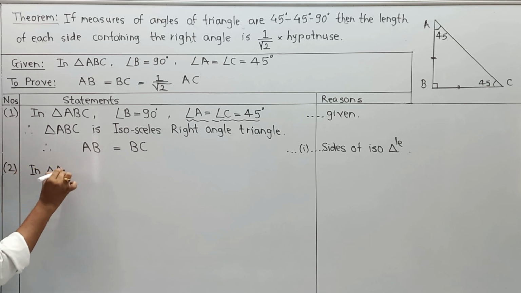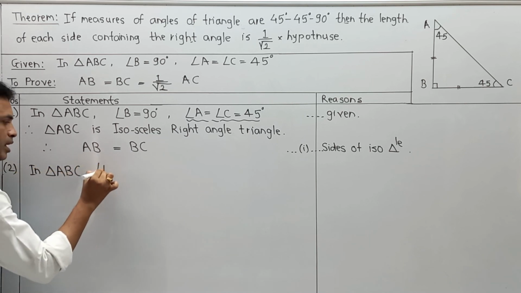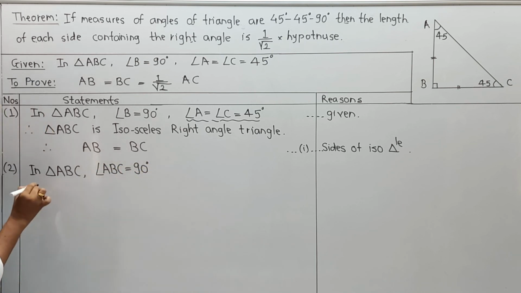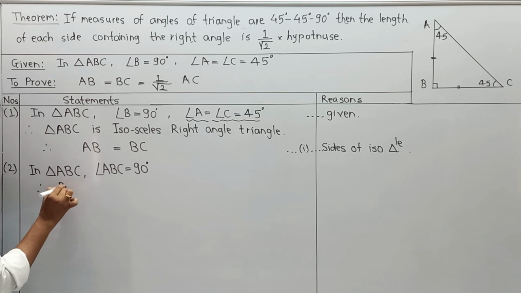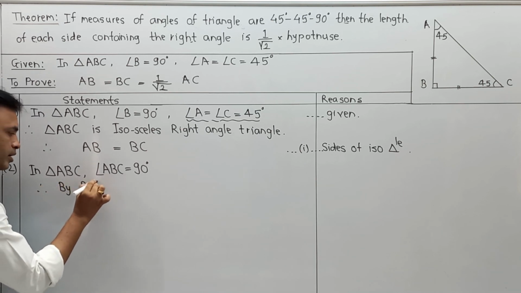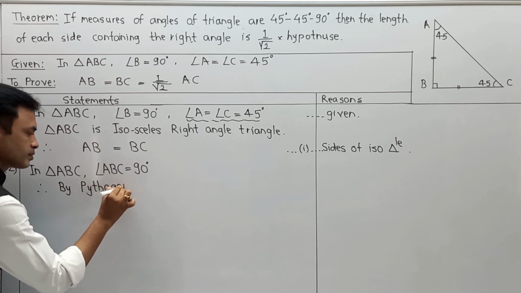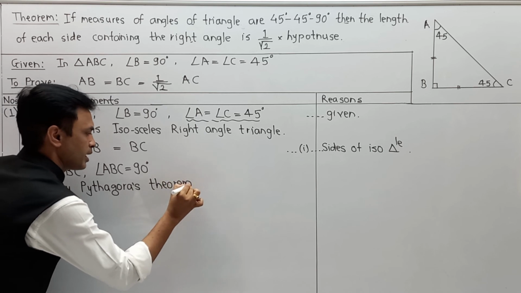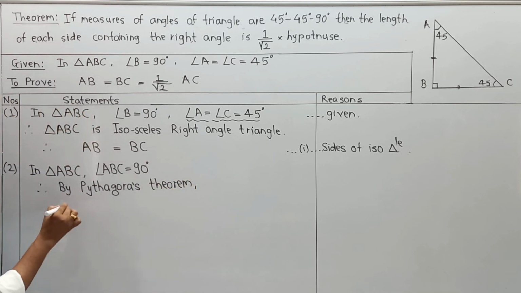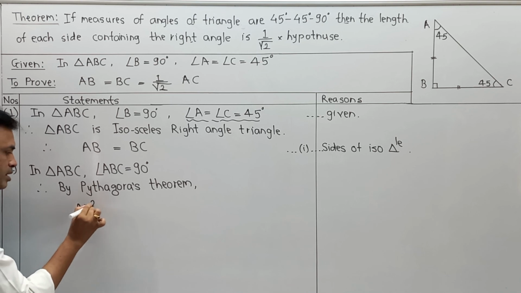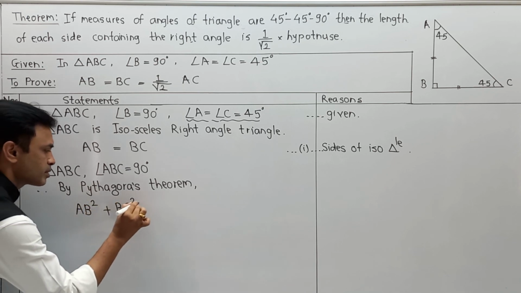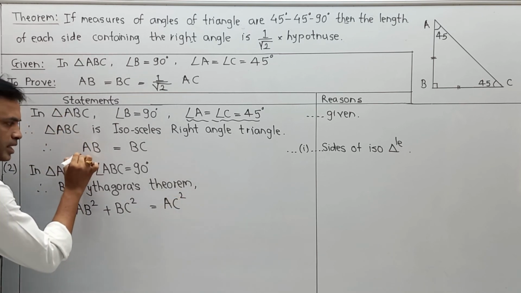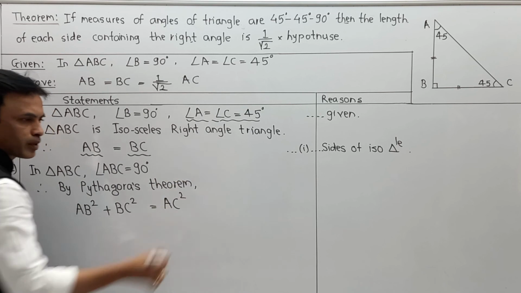Now the second part. In triangle ABC, angle ABC is equal to 90 degree. Therefore, by the Pythagoras theorem, AB square plus BC square is equal to AC square. Now we know that AB equal to BC from equation 1.